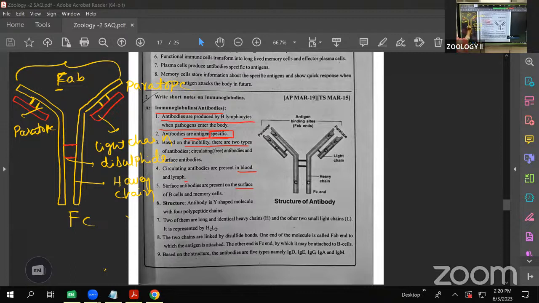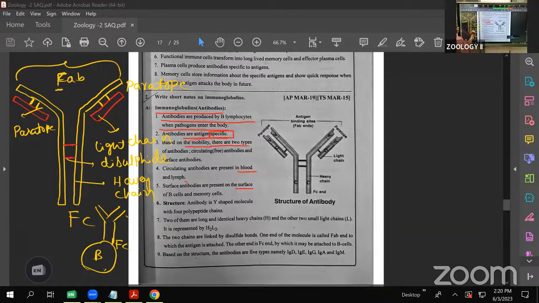For example, I drew the diagram before. This one is a B cell. The B cell has the antibody present above it. This is binding with the B cell. That's why this is called the FC, meaning fragment of cell binding site.